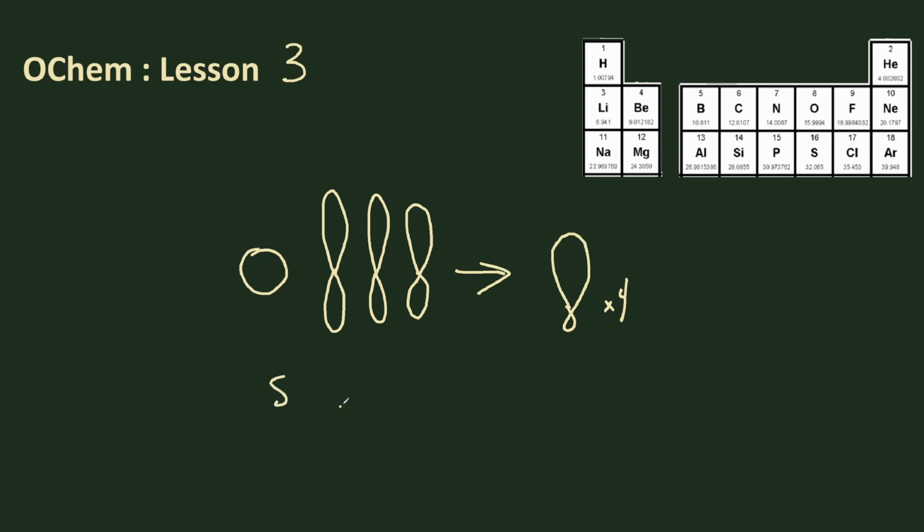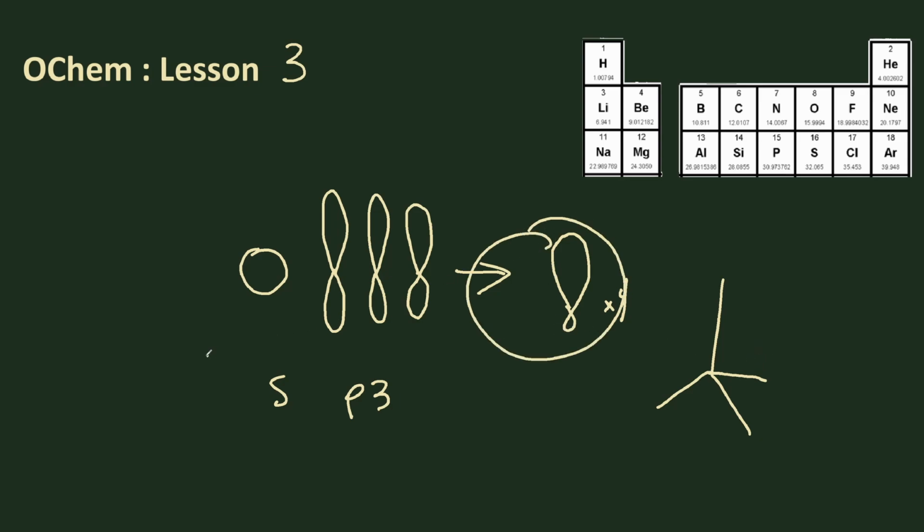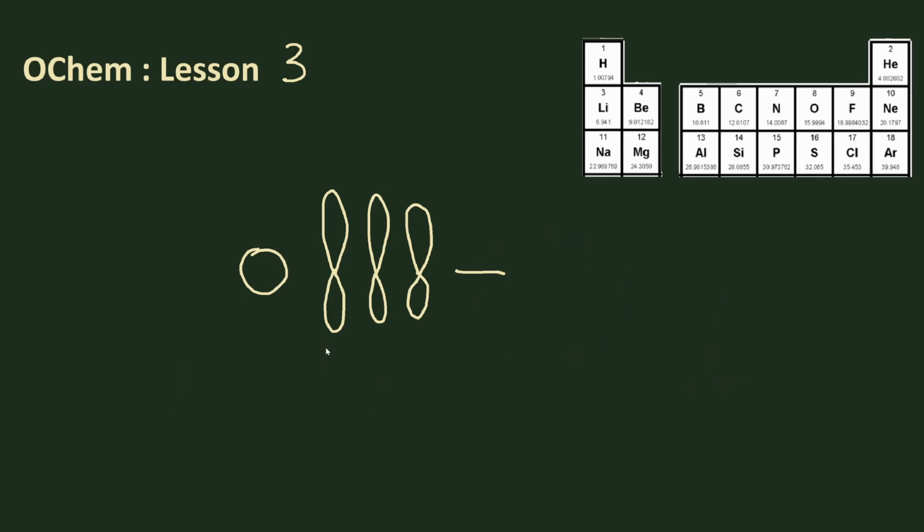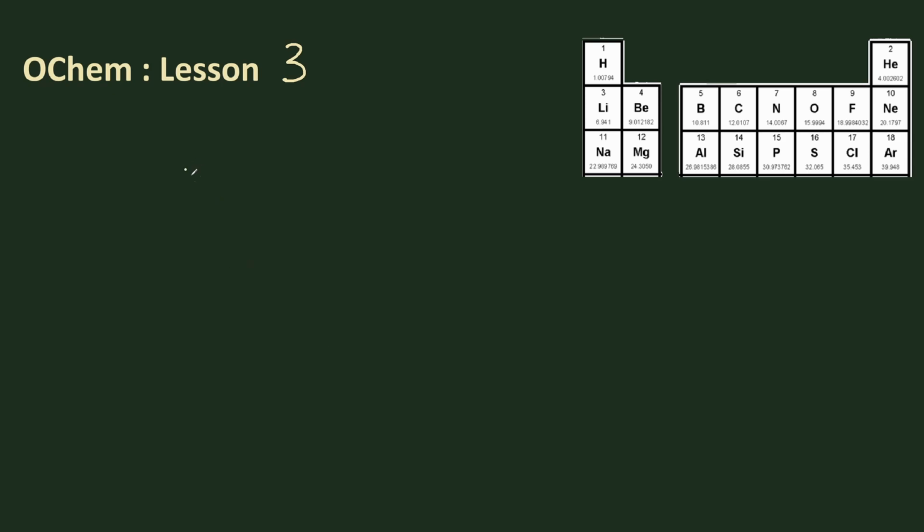So this is our sp3, like this. And any time you have tetrahedral bonding, well, that's 4 bonds. You're going to get this sp3 shape. And that's all you need to know for hybrid orbitals today, is that these soap bubbles pop into each other and they change in shape, and you end up creating a new set of atomic orbitals from this bonded group.